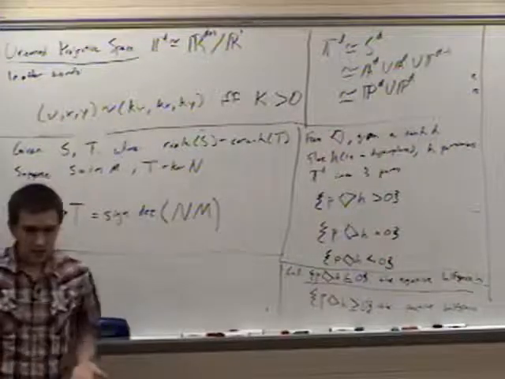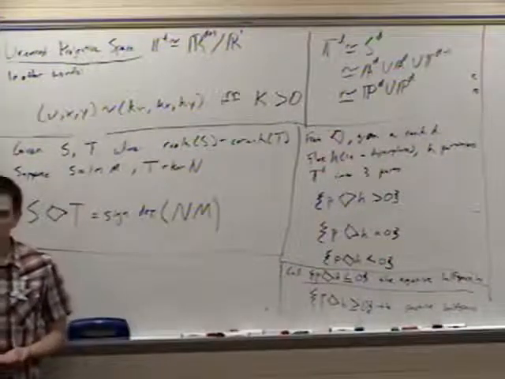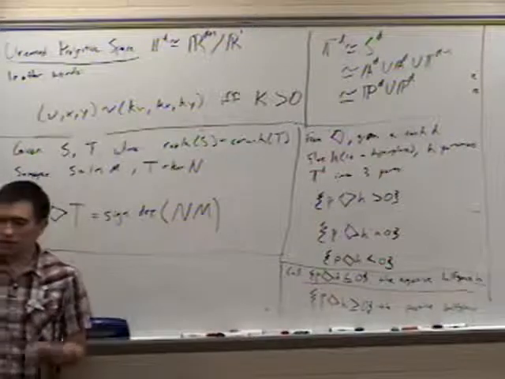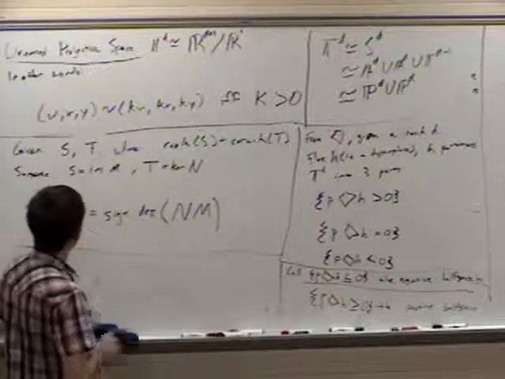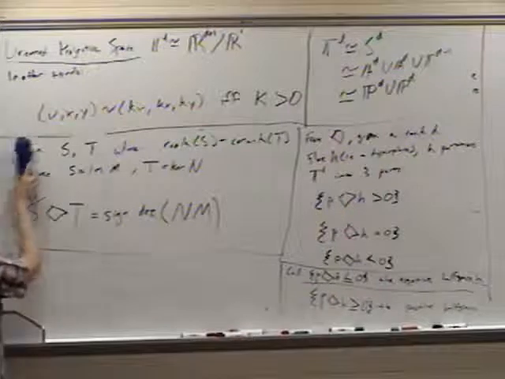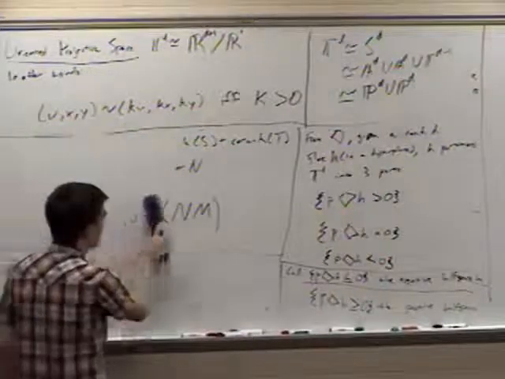And with half spaces, we could, again, form a notion of convex polytopes by intersecting them together. So again, we have an idea called an H polytope.